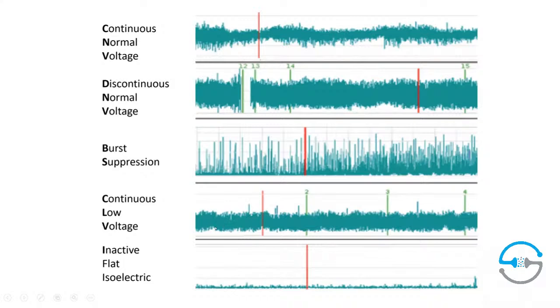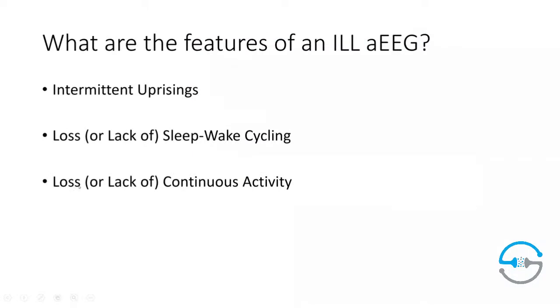If it's not, then it's very bad. And then of course our flat or our isoelectric, even worse. And then that burst suppression being that in-between place where the brain is still firing, but then it goes flat, firing flat, firing flat. So we have this lack of continuous normal activity is a very bad sign. Lack or loss of continuous activity.